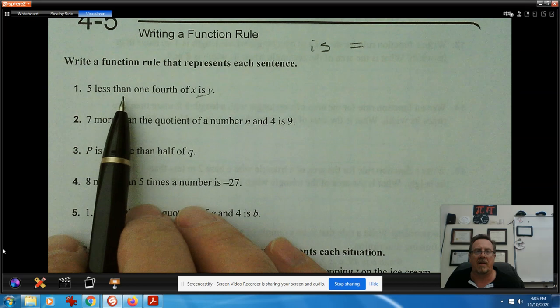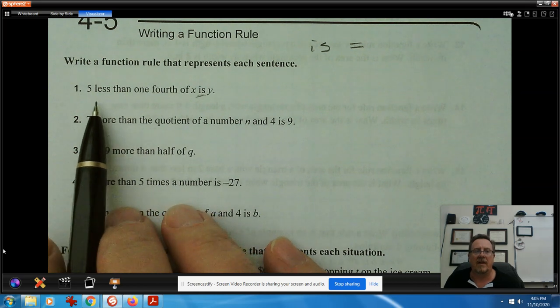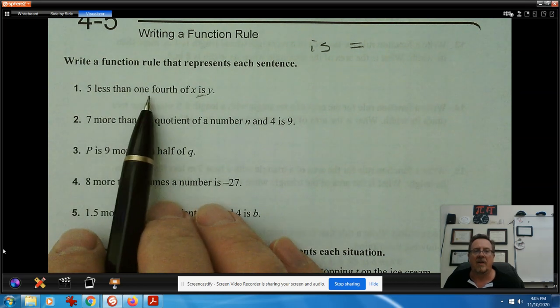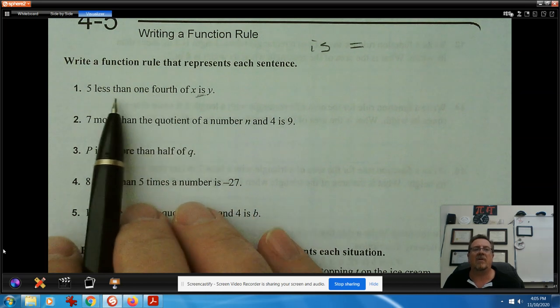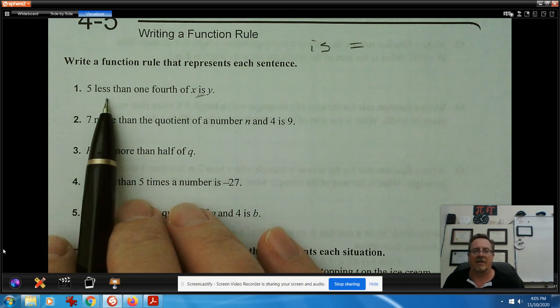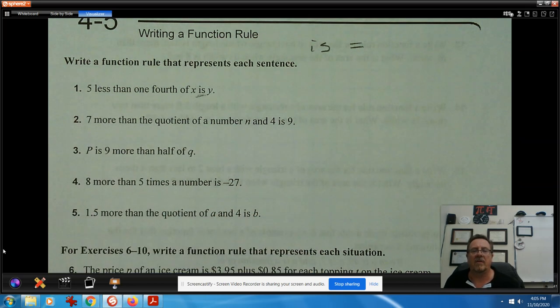What we're talking about here is really the idea that some number is 5 less than where we started, okay? And if I'm going to be 5 less than where we started, that means I'm going to be subtracting 5, okay?